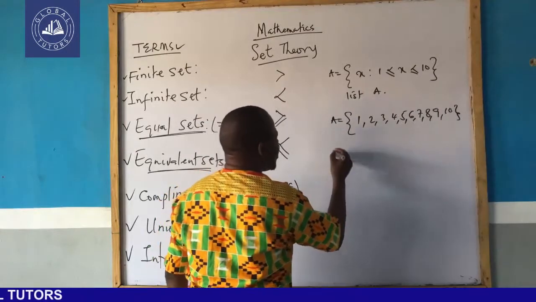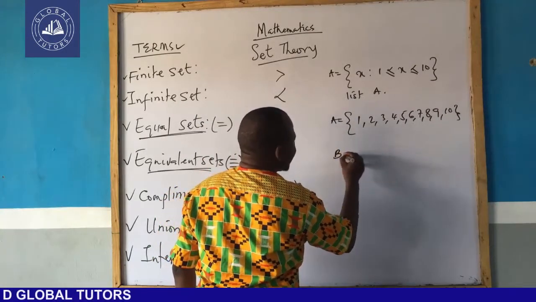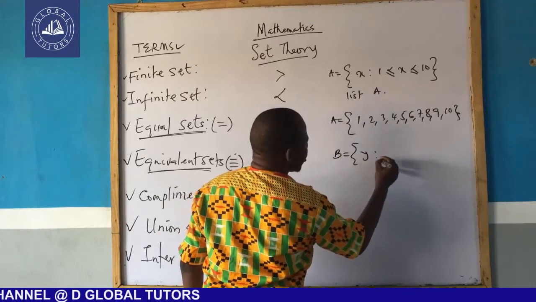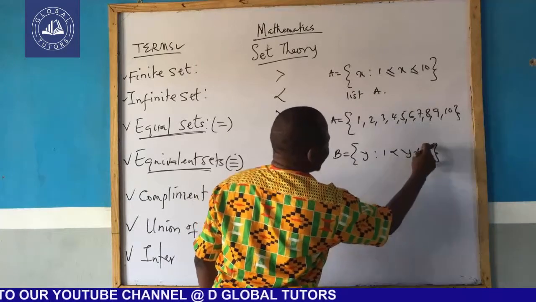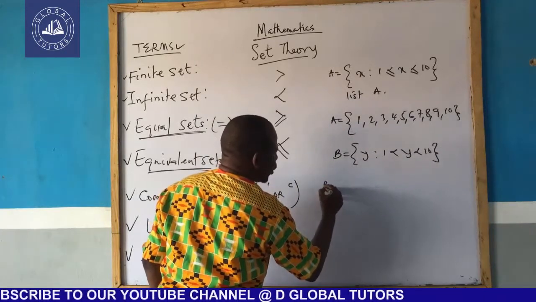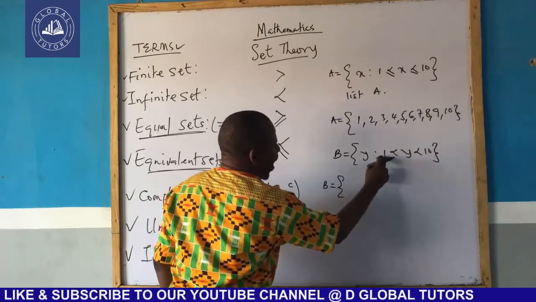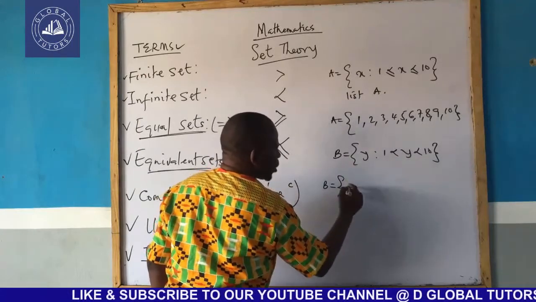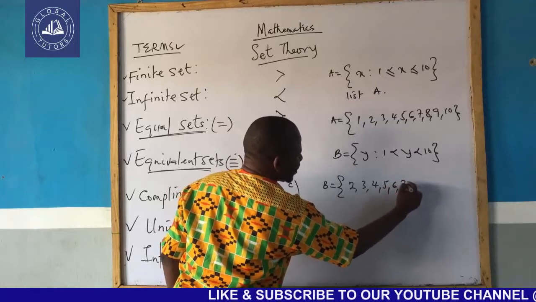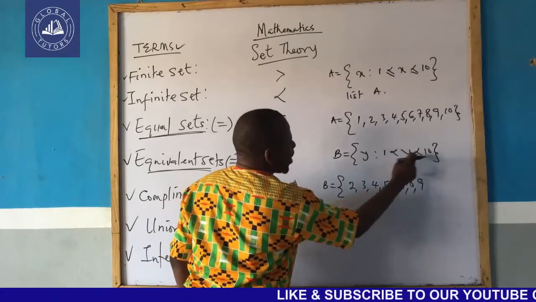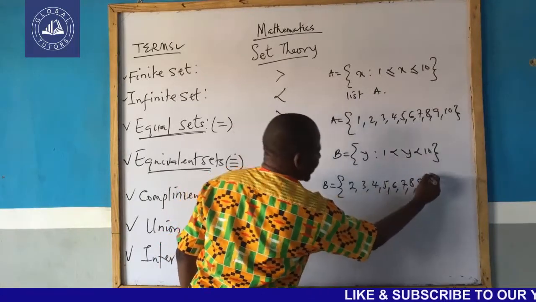But let's assume it was B, and they give you Y such that 1 is less than Y and Y is less than 10. It follows therefore that your B will be, 1 is less than Y, so you can't take 1, so you have 2, 3, 4, 5, 6, 7, 8, 9. You can't take 10 because Y is less than 10.